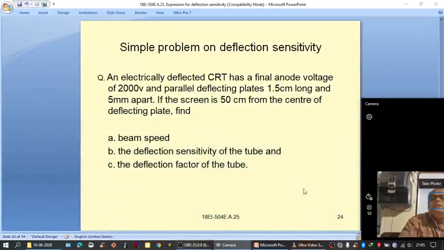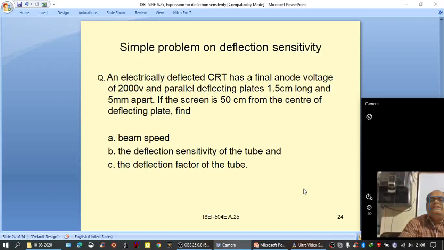Now, let us try to solve some simple example problems on the deflection sensitivity. The first example, an electrostatically deflected CRT has a final anode voltage of 2000 volts and parallel deflecting plates 1 centimeter long and 5 millimeters apart.